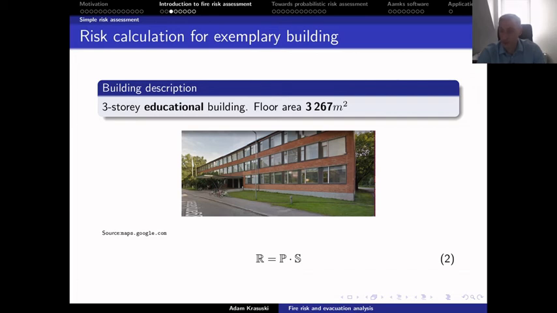From my information from Google Maps, the building is a 3-story educational building, and the floor area of the building is 3,267 square meters. Let's calculate the risk for this building. What do we need? Probability of fire ignition.